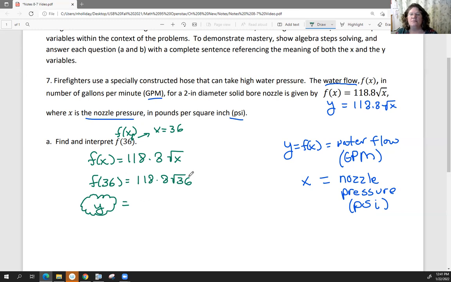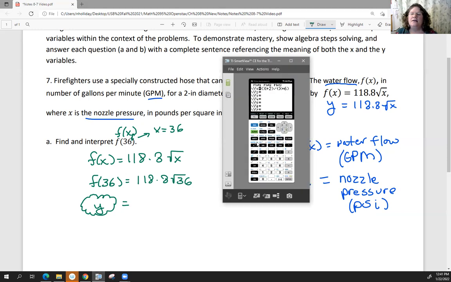And they gave us all numbers on this side, so we can just drop that into our calculator. Let me bring my calculator up. And if you aren't on the home screen, remember, you can always use second quit to get there. And then you just drop in the numbers, 118.8.